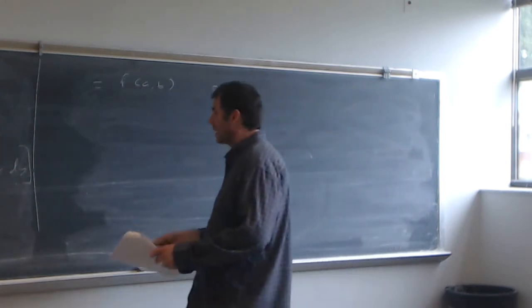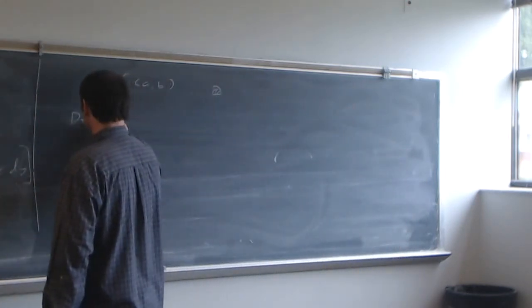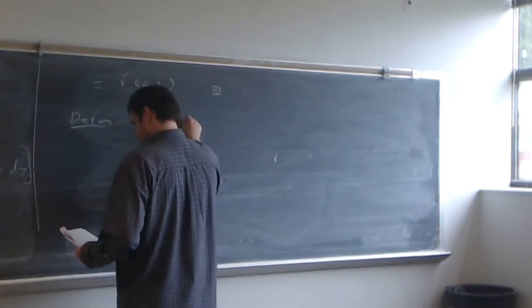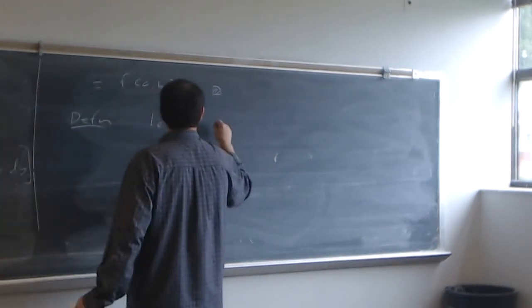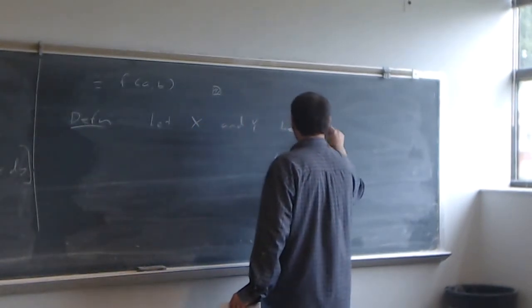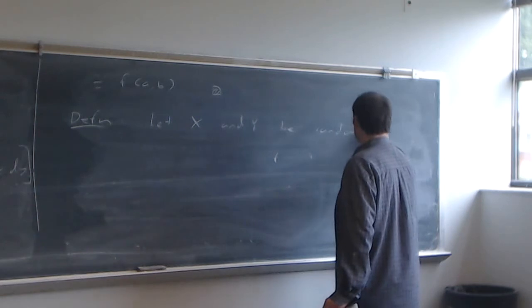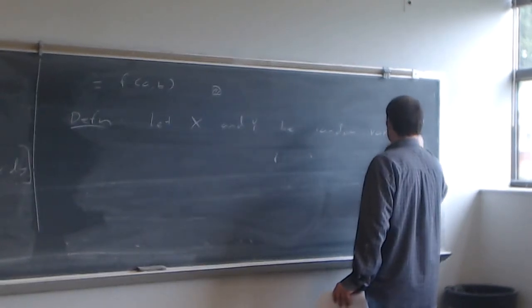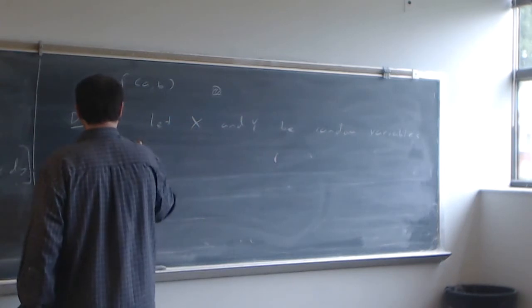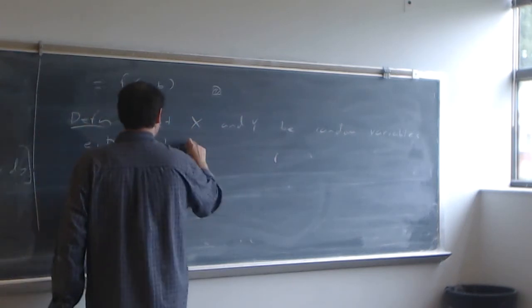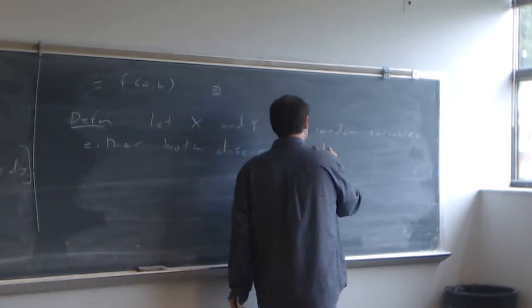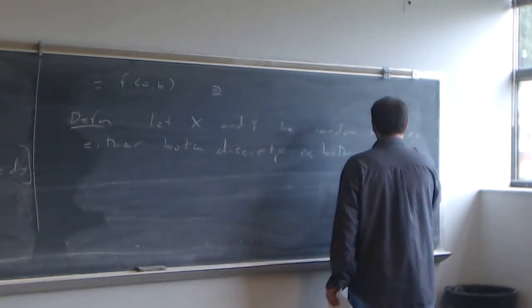Okay. Here's a definition. Let X and Y be random variables, either both discrete or both continuous.